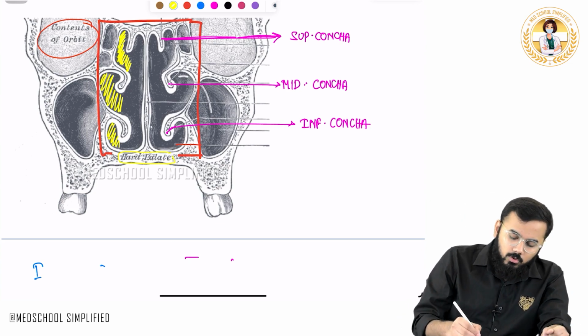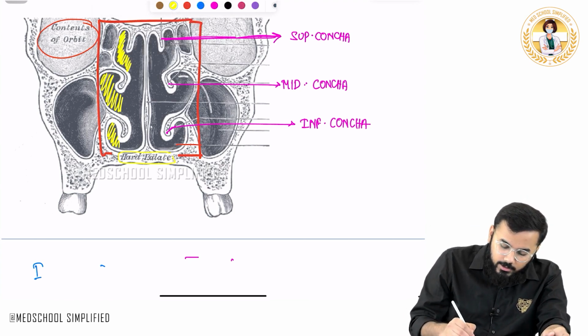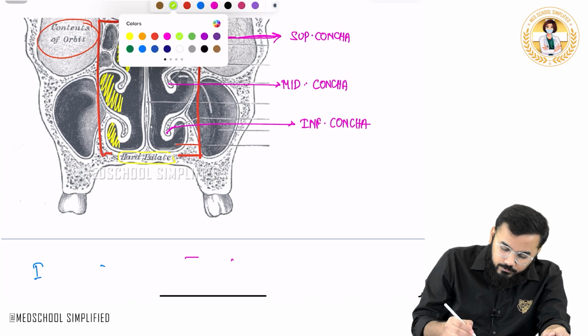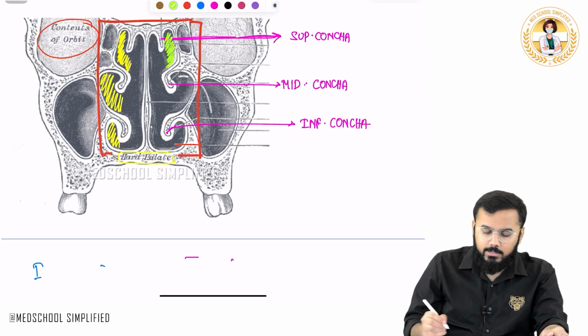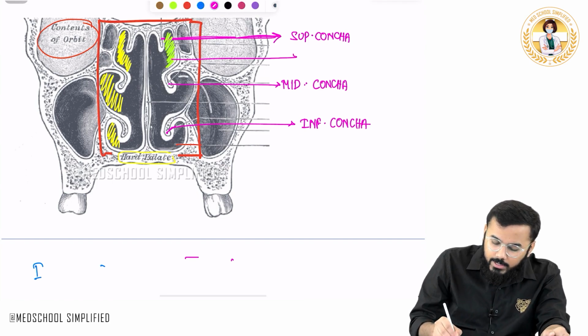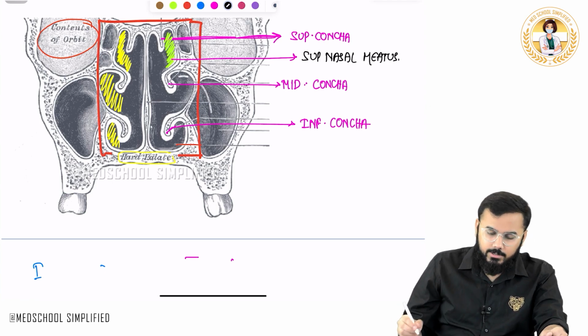So what are the three meatus which we basically have? This particular meatus over here is called the superior nasal meatus.